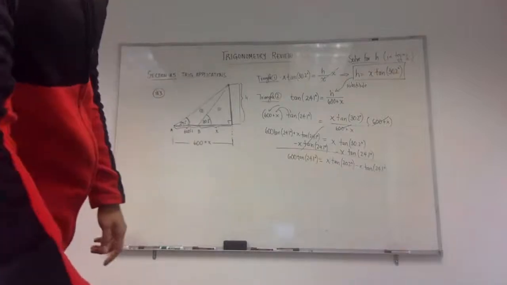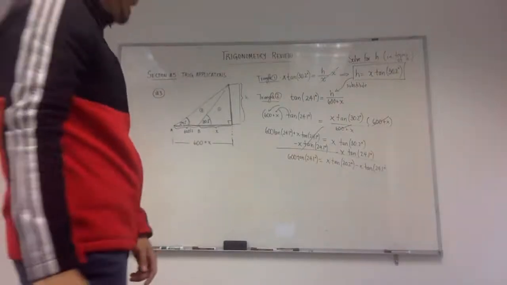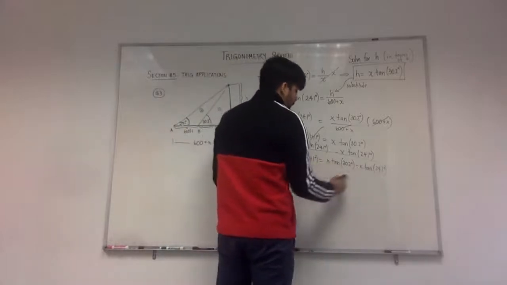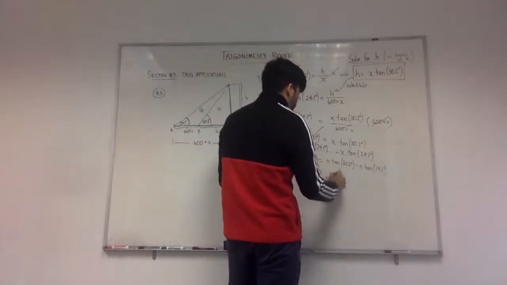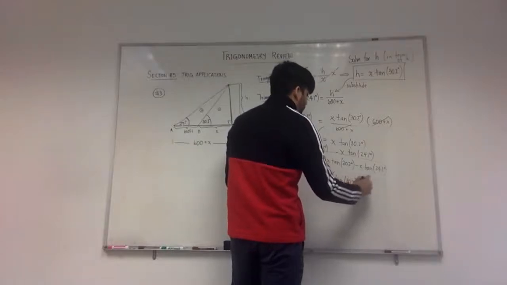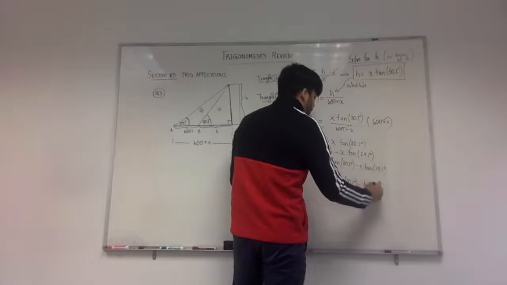And now I can factor the x, and I'm left with tangent of 30.2 degrees minus tangent of 24.1 degrees.